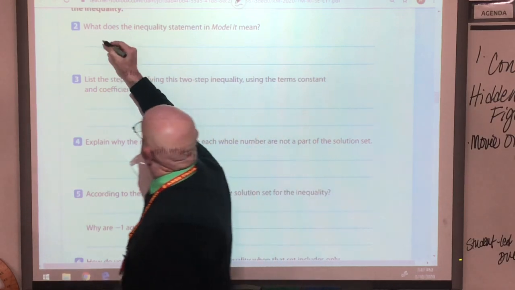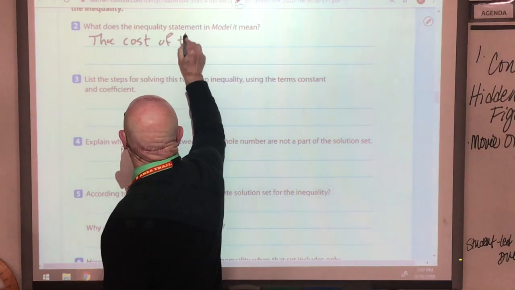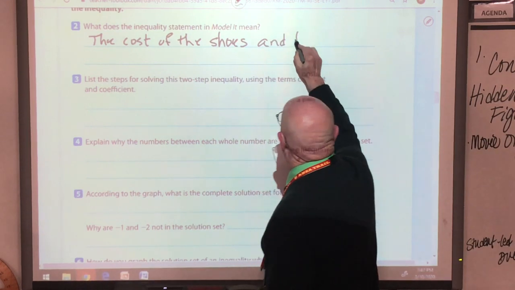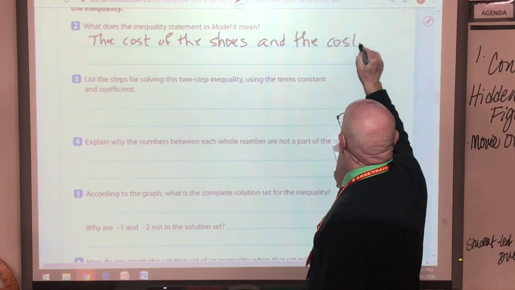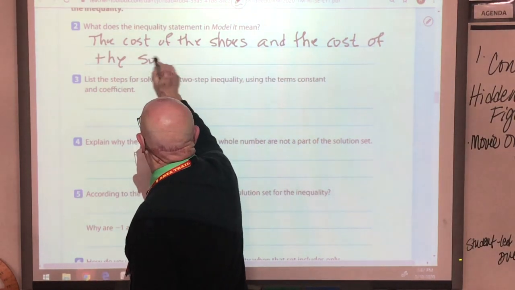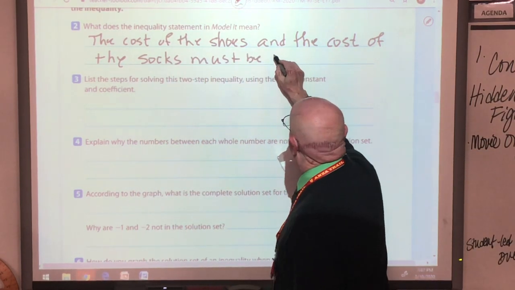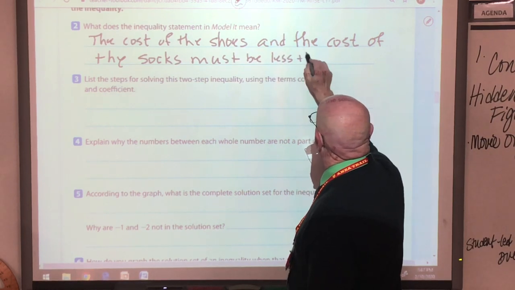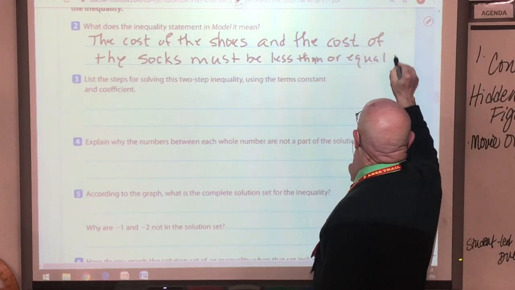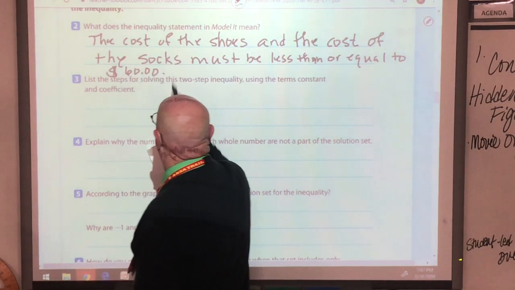So this inequality statement means that the cost of the shoes and the cost of the socks must be less than or equal to $60.